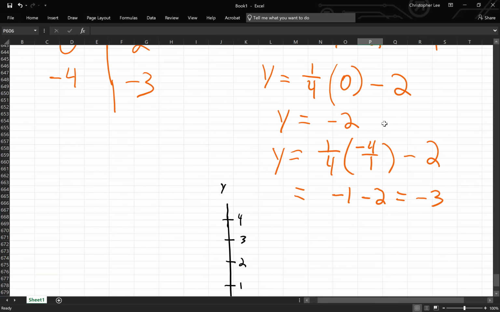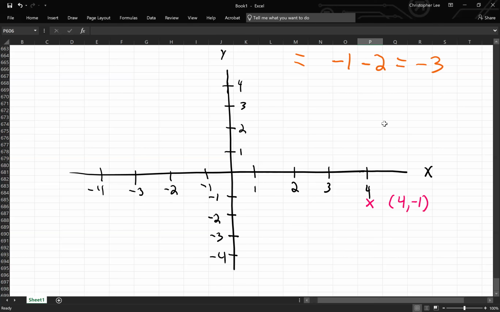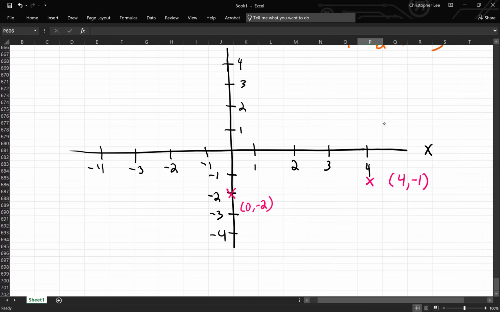So where is 0, -2? It will be down. On the y-axis, 0, -2. Good job, guys. What about the last one? The last one was -4, -3.